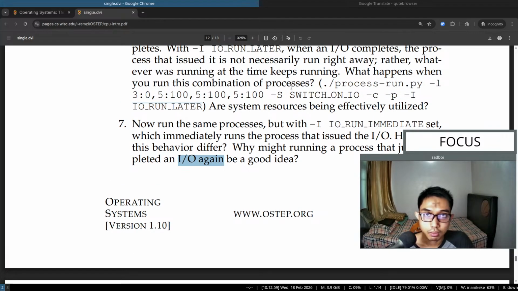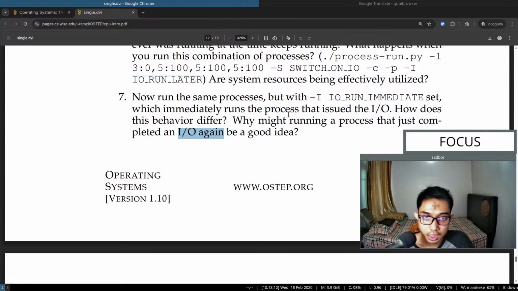That kind of gives an illusion of running two processes at once, something like that. Again, I'm calling that an illusion because I'm not really sure if it is really running at the same time or not.